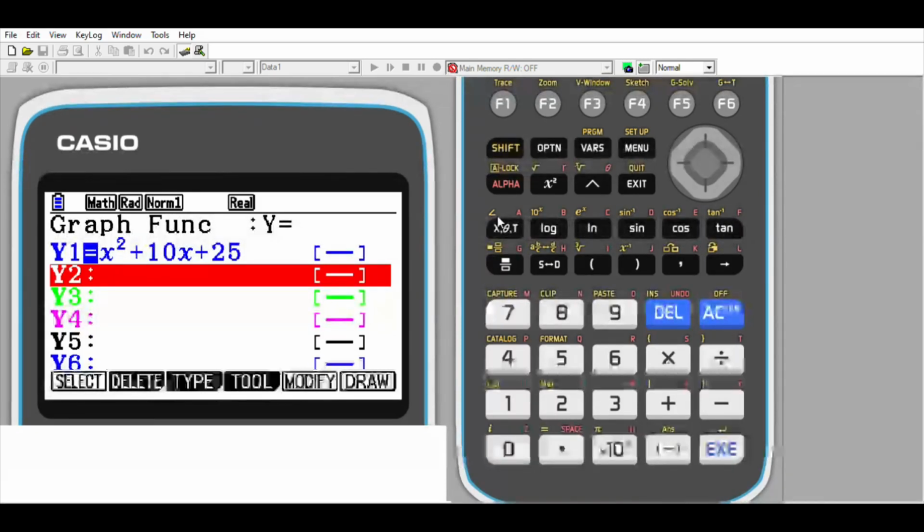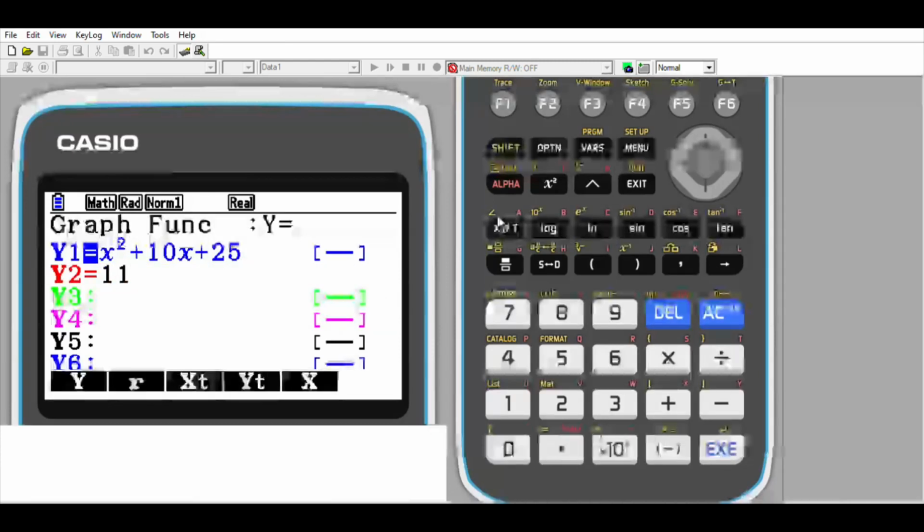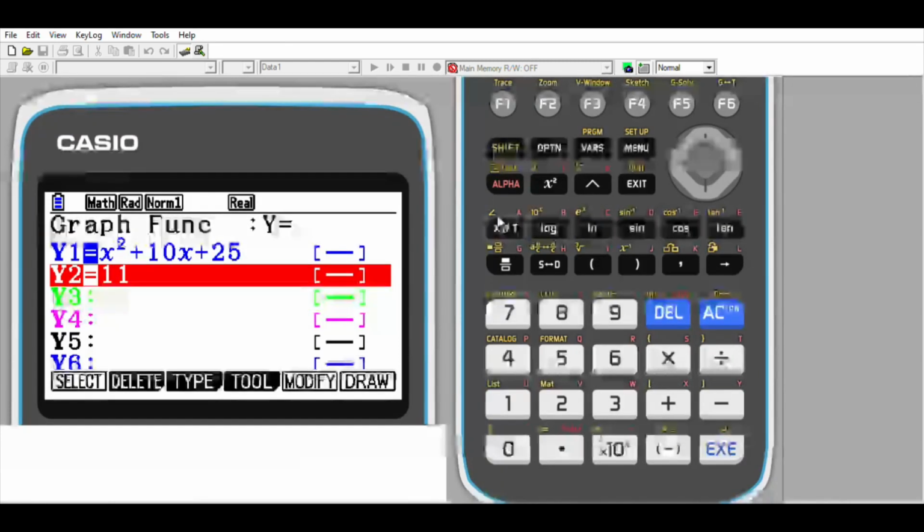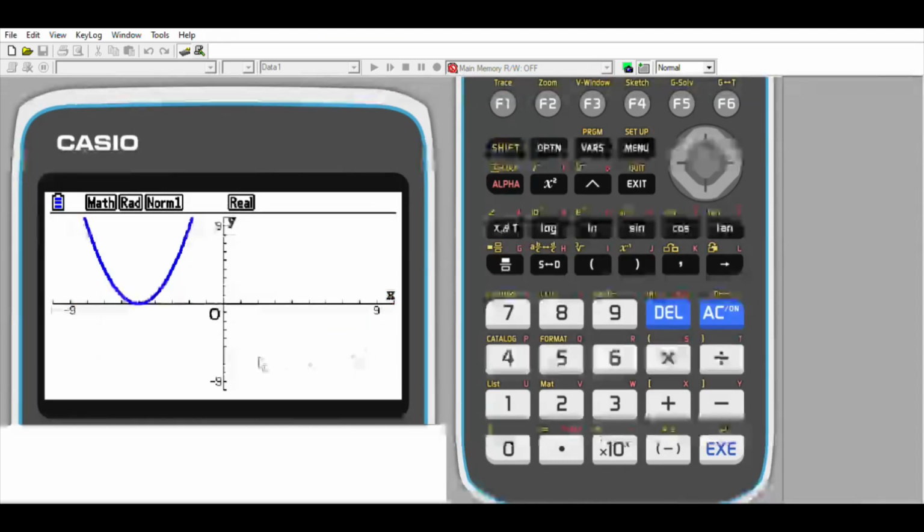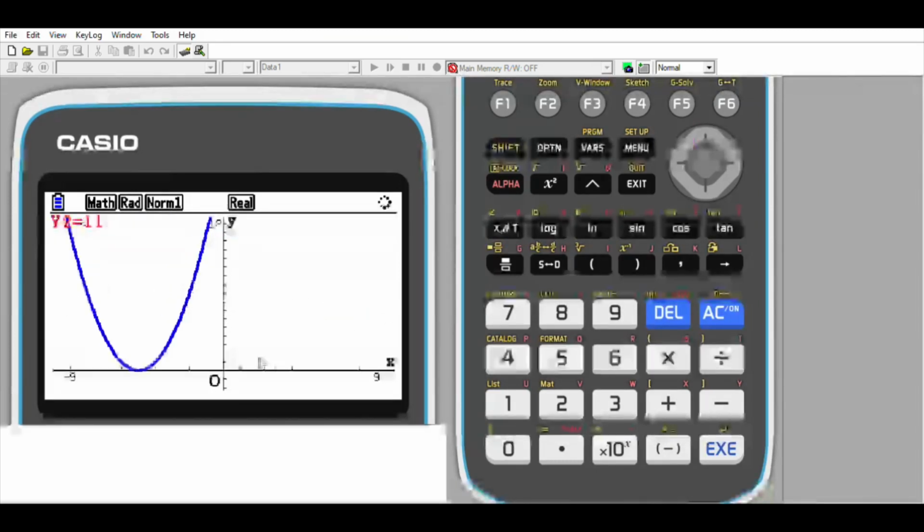So that 11 is what I'm going to write here as a second equation, which if you remember, is the equation of a horizontal line, right? So if we draw this, F6, you see that, well, you don't see the horizontal line because it's up there. So the two intersections between these graphs are the solutions of this.